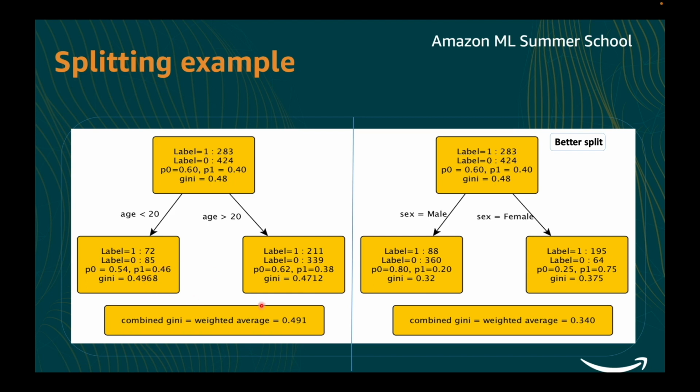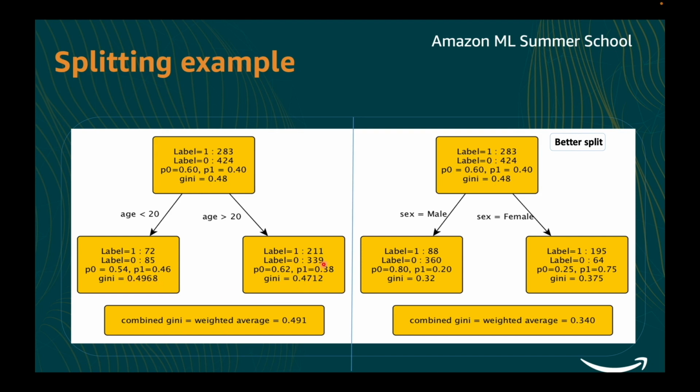Then we take the weighted average, where the weights are the fraction of the total falling into each node. So it's 72 plus 85 divided by the total; that is the weight, and you multiply it by the Gini impurity value of this node.